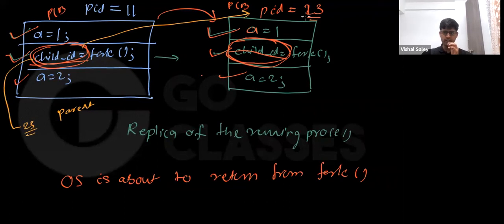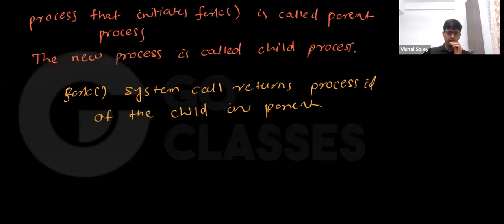Why? Because the PID of the child is 23. Is this understood? Okay, great.